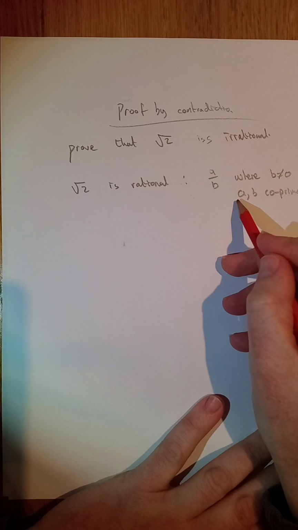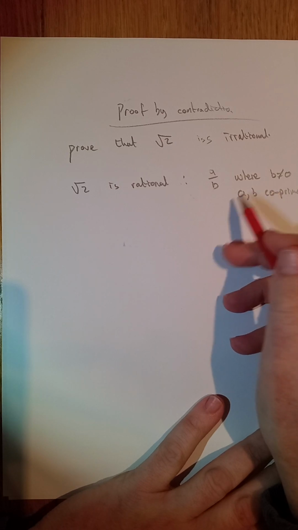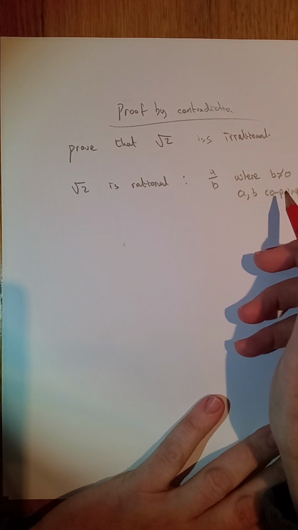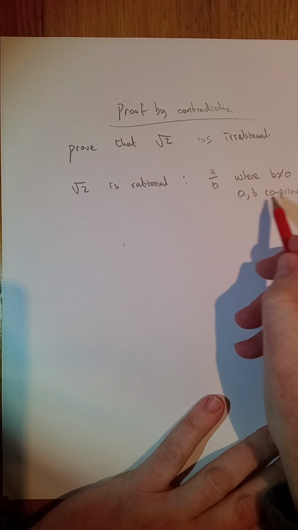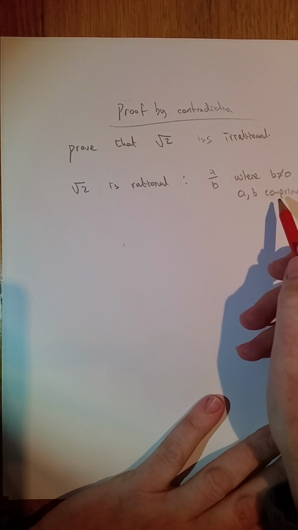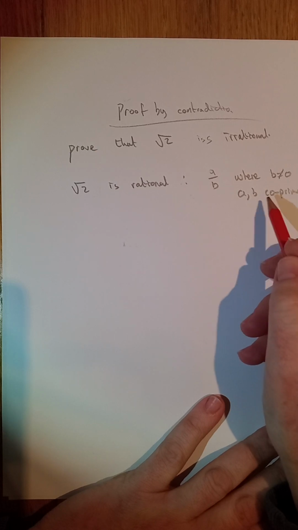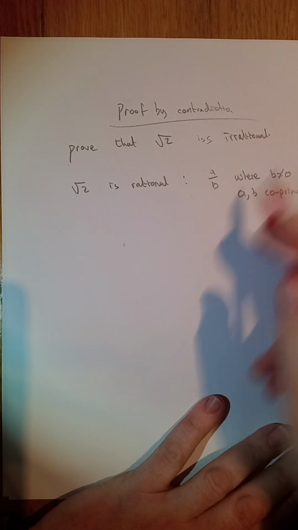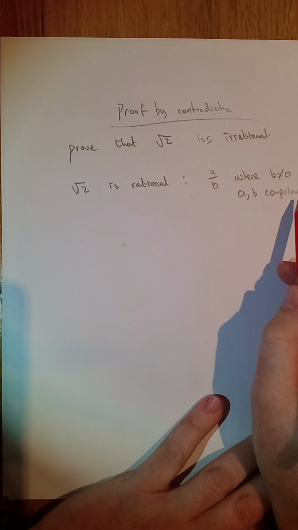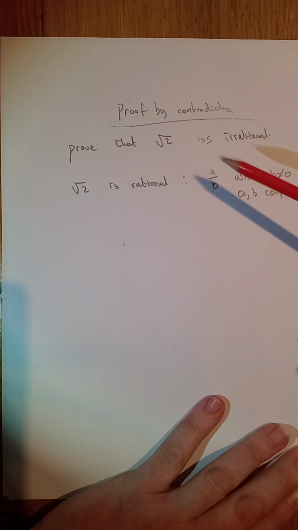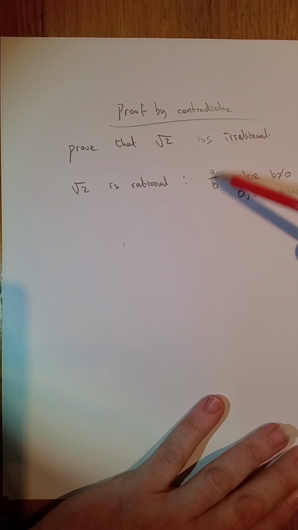You can write it just as, a and b are elements of the integers, and a and b have no common factor apart from 1. In other words, you can't cancel them down. That's a long-winded way of saying they're co-prime. Co-prime means that the only factor both of them have in common is 1.